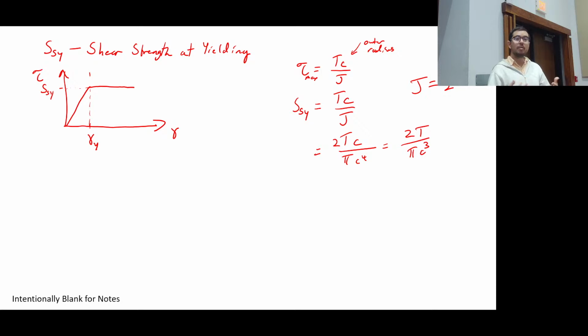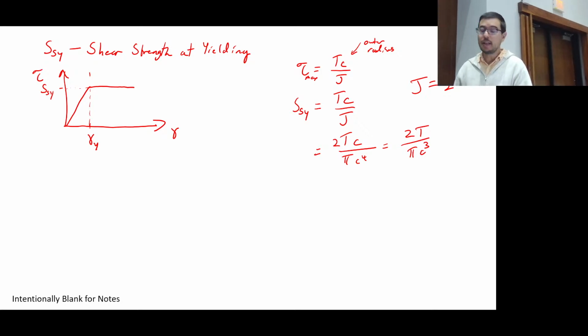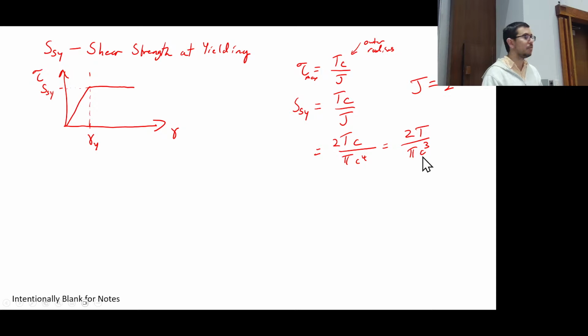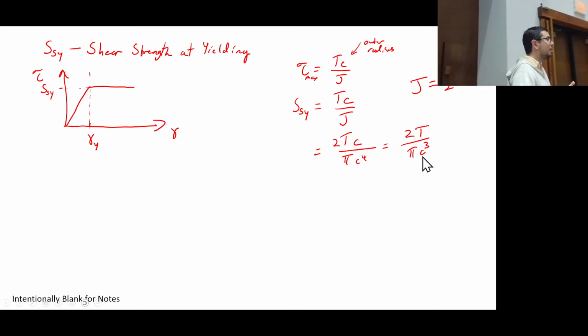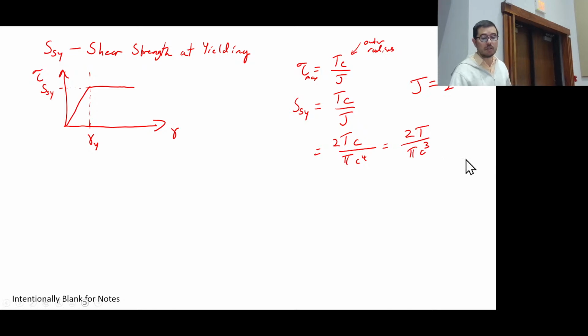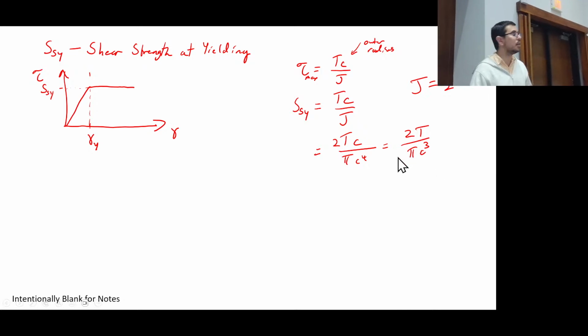I'm going to have more rotation to be able to have a smaller torque. But if you're designing, you can also increase the diameter by a modest amount, and you're going to get a significant increase in the supportable shear stress.